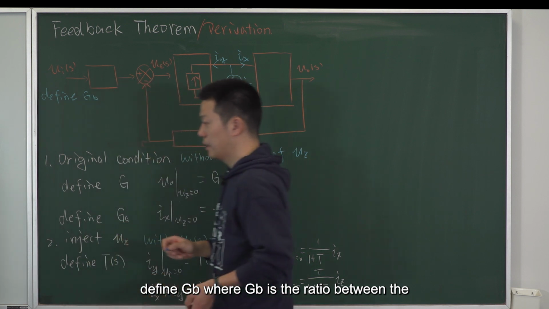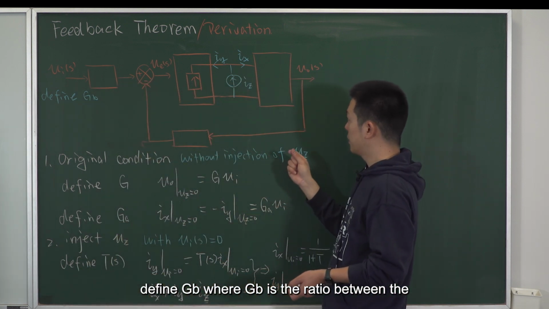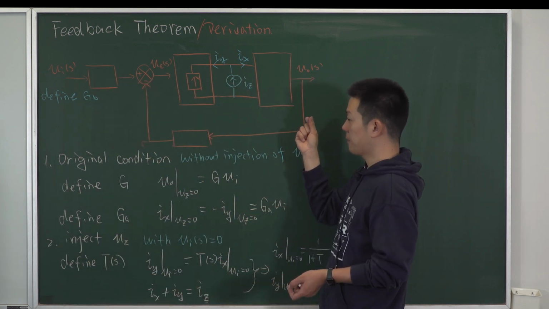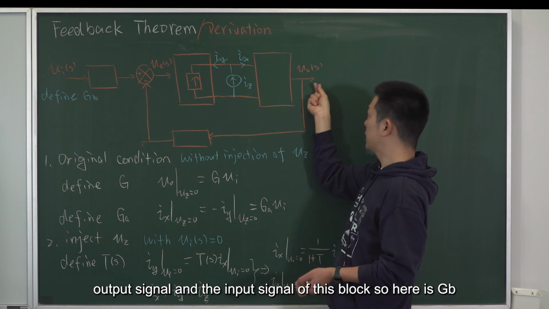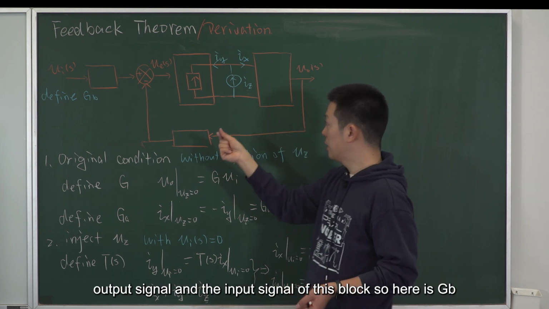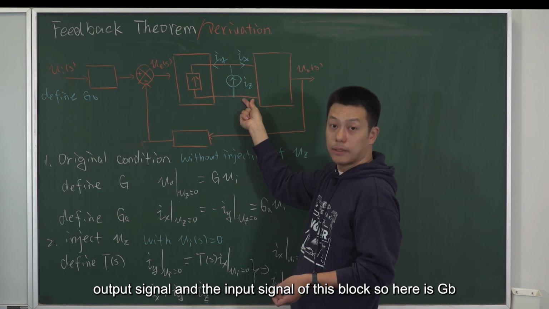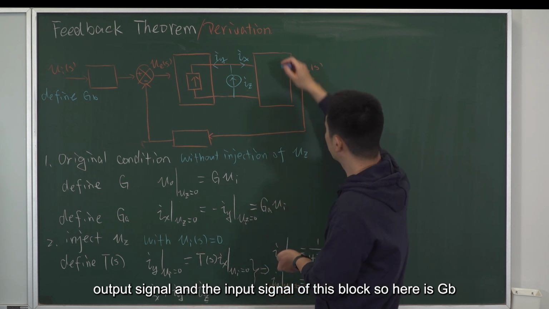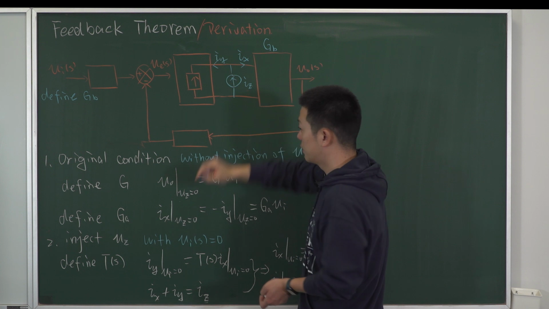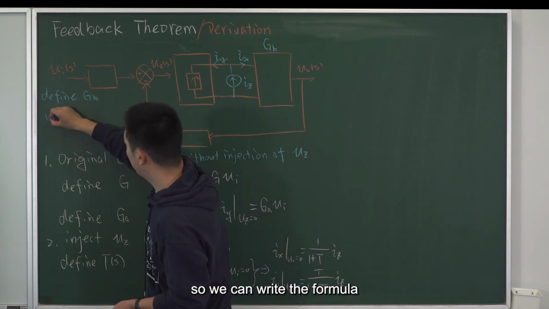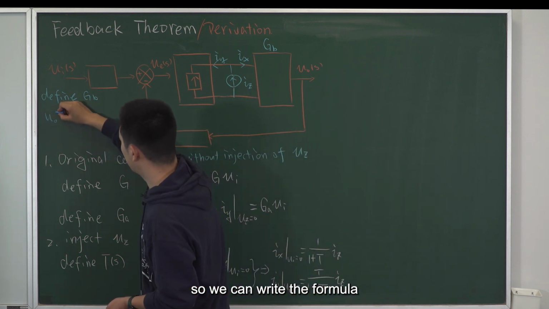Where GB is the ratio between the output signal and the input signal of this block.